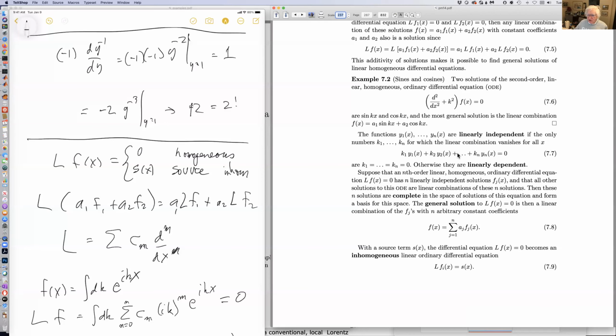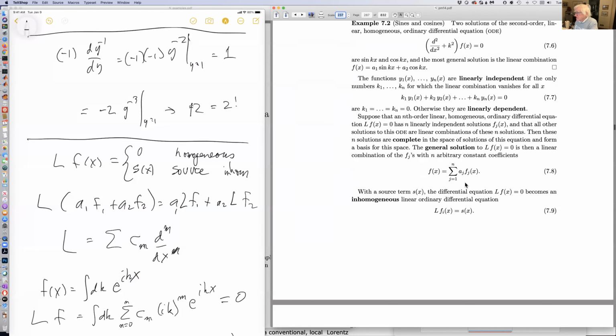Obviously, if you set all the k's equal to 0, you just have 0 equals 0. But if that's the only way that a linear combination of the y's vanishes for all x, then we say they're linearly independent. On the other hand, if you can find k's such that this works for all x and the k's aren't all identically 0, then they're linearly dependent.